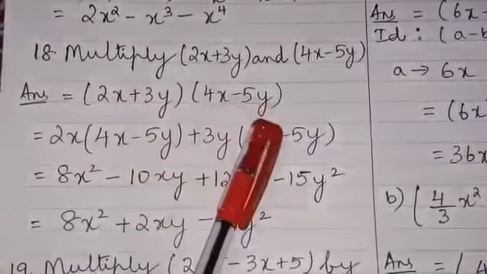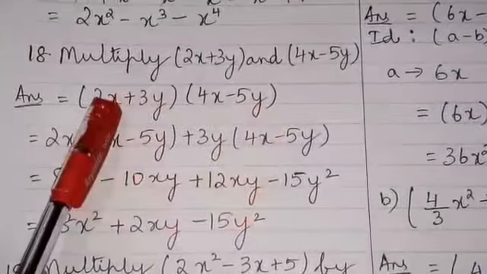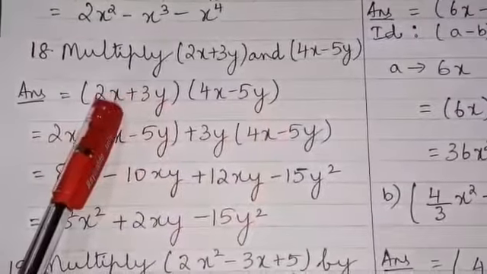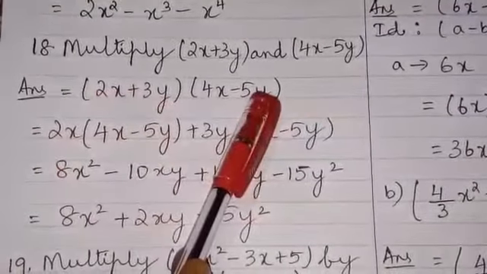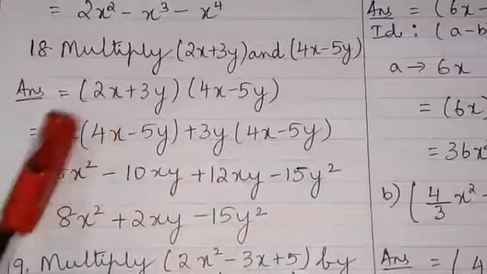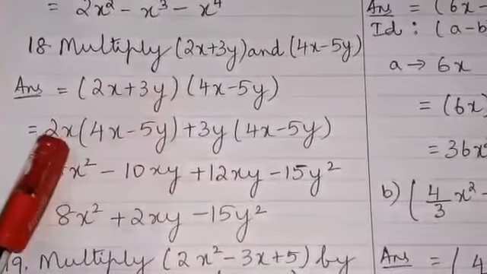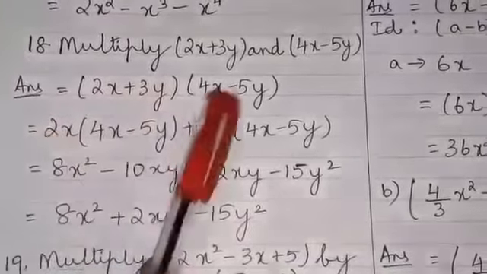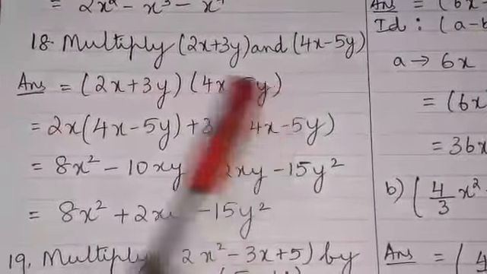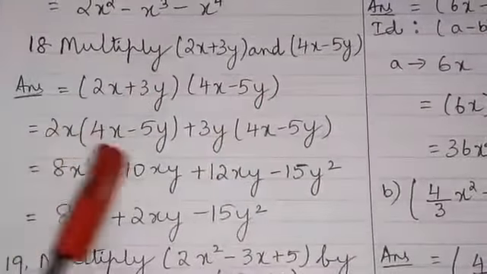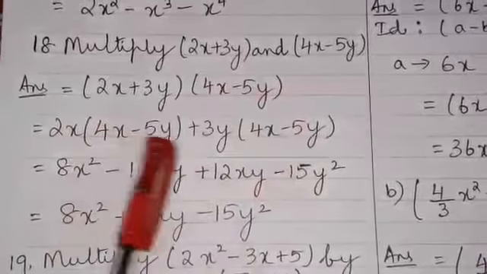Now, how do we multiply this? The first term has to be multiplied with the second bracket. See here, 2x, the first term in the first bracket, has to be multiplied with all the terms in the second bracket. So write out 2x multiplied with 4x minus 5y.